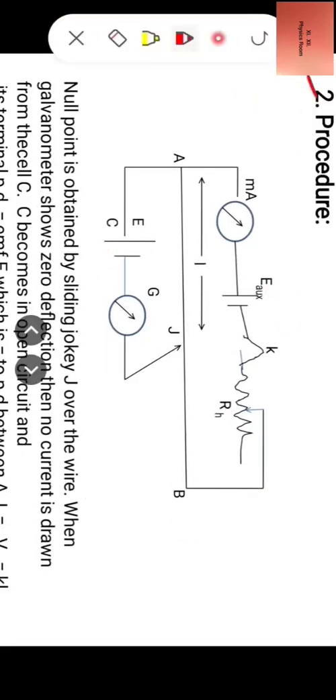Now, second point, procedure. Null point is obtained by sliding jockey J over the wire.